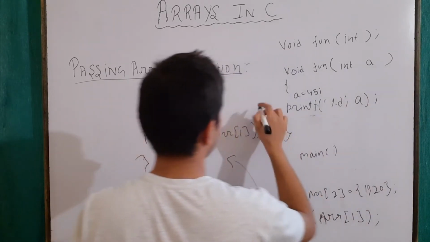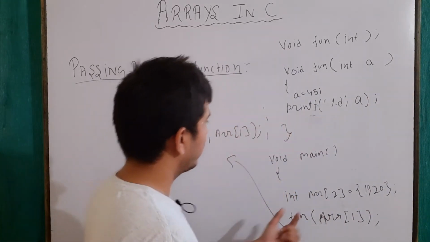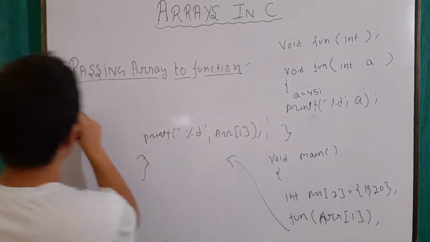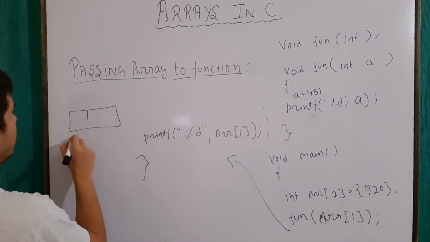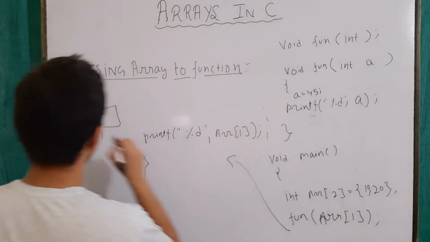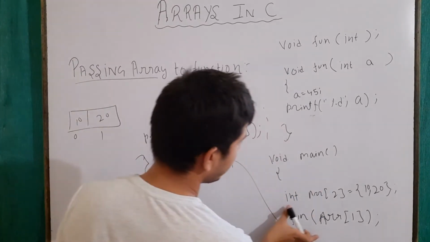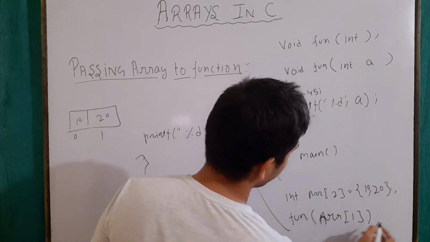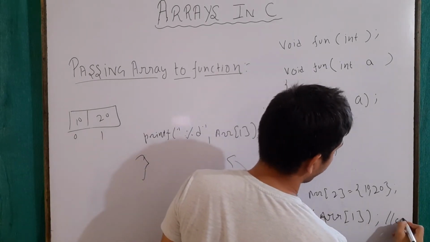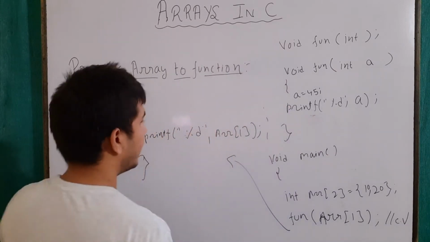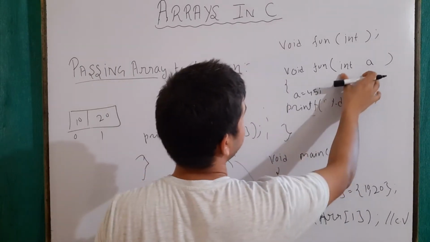Now what's happening here? The array was of size two, array[0] and array[1], and the values were 10 and 20, right? Then I pass the array element, and this is call by value. Then the element is passed and it is assigned to a.